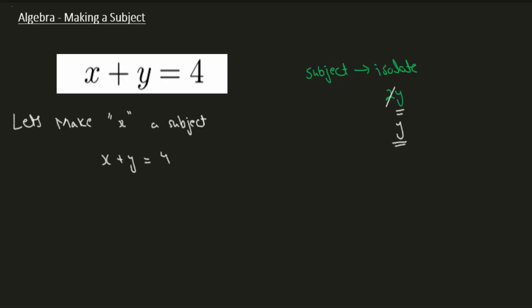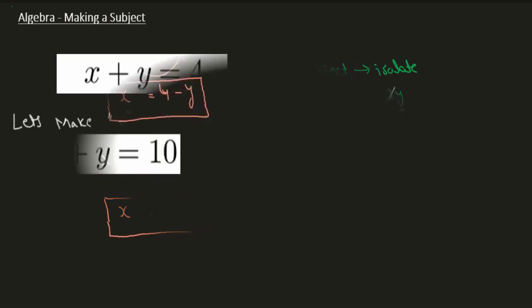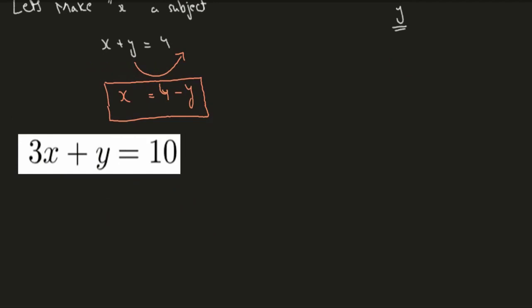So I can see that y is right next to x, that y is being added here. So what I'm going to do is take this y on the other side. When I take the y on the other side, my equation would be 4 minus y. Now I can see that x is completely isolated, and I can say that x has been made a subject here.